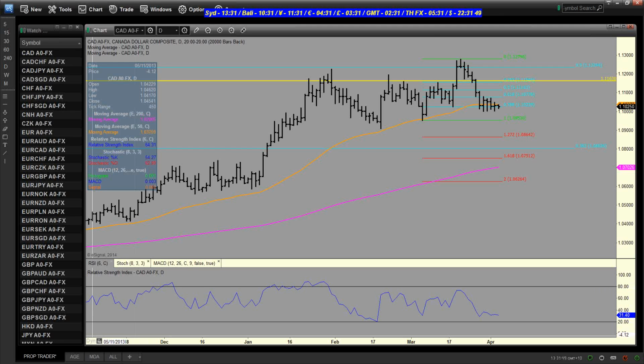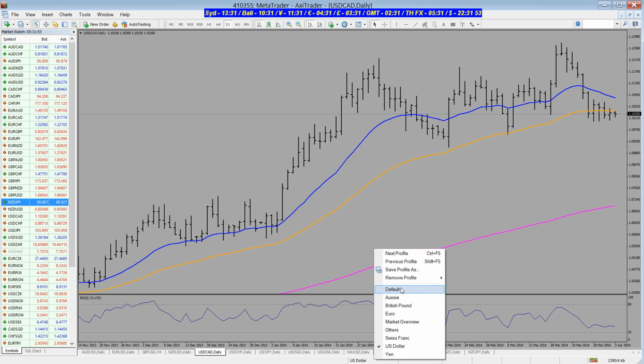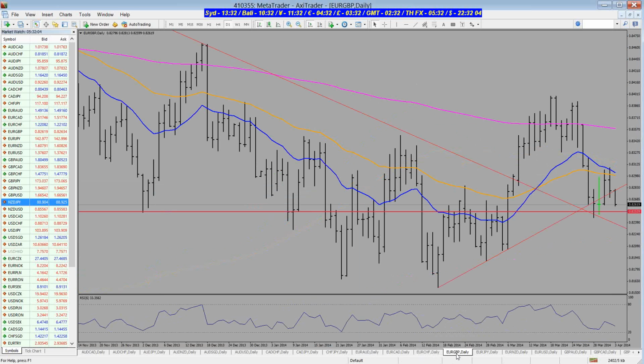I had done some analysis on that myself. Yeah, you got that trend line, this trend line, but I think it's a little messy at the moment.